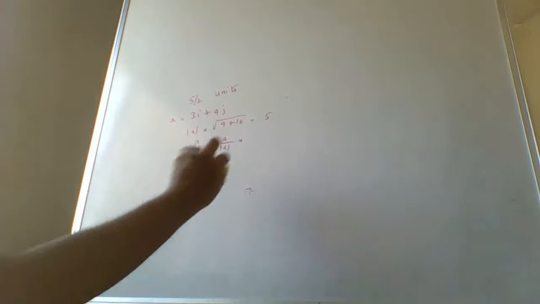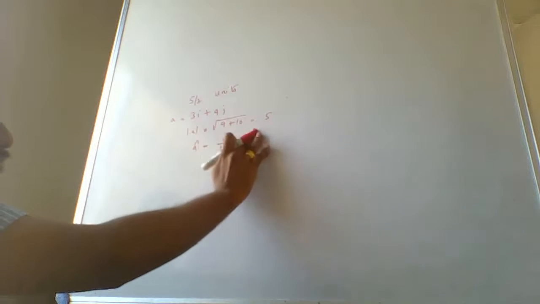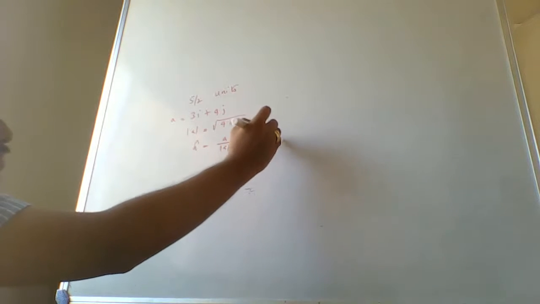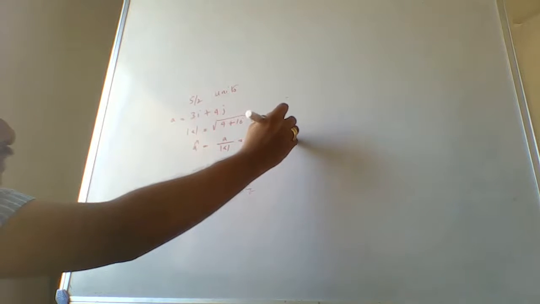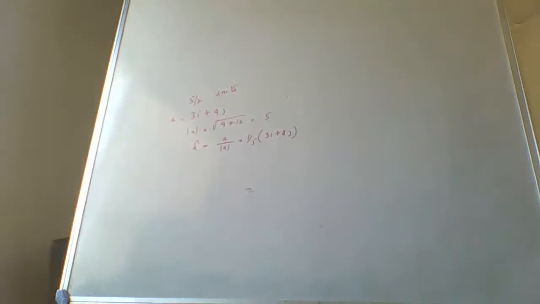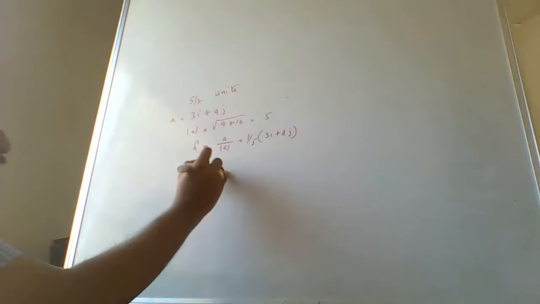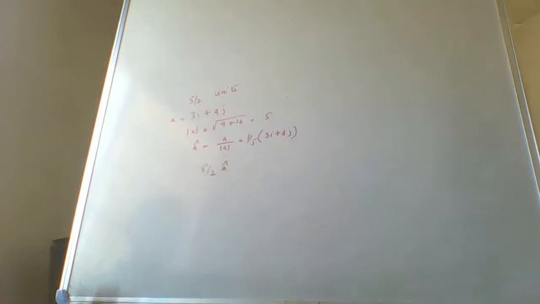So that would be 1 by 5 times 3i plus 4j. I got a unit vector. Now the required vector has magnitude 5 by 2, so that would be 5 by 2 times a cap.